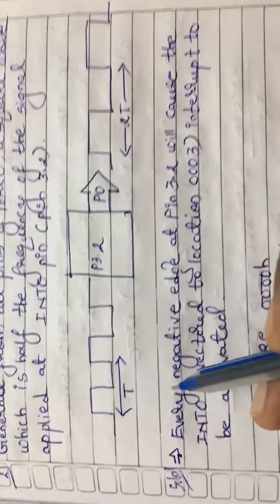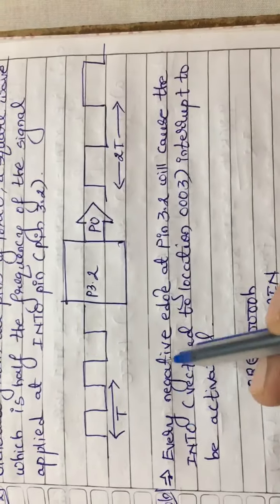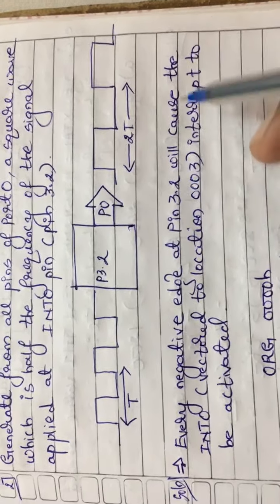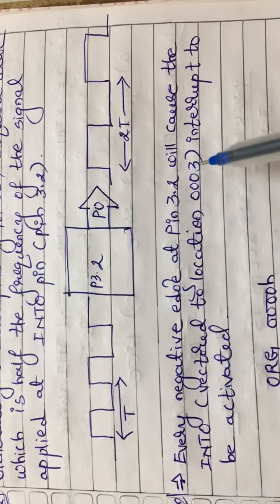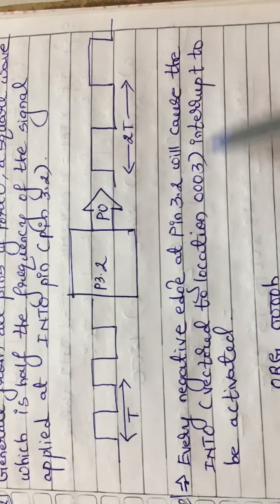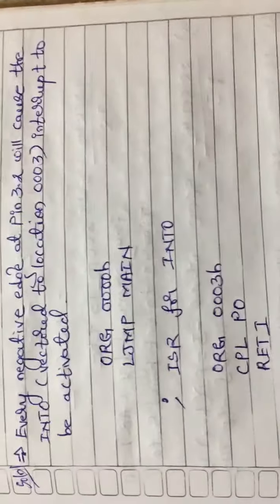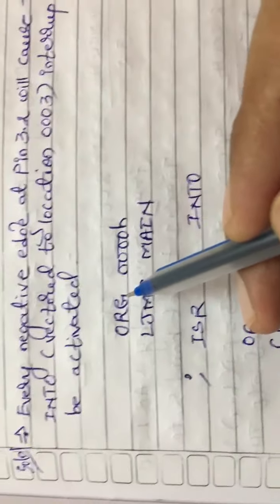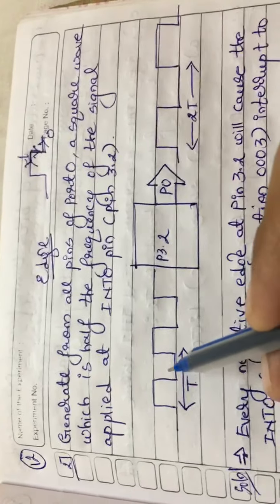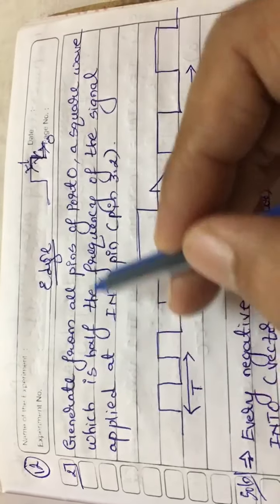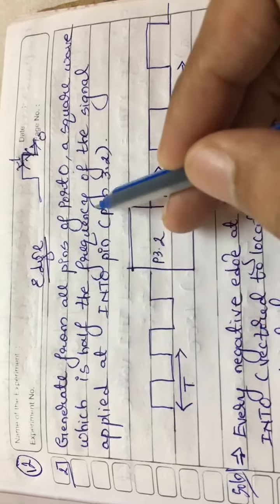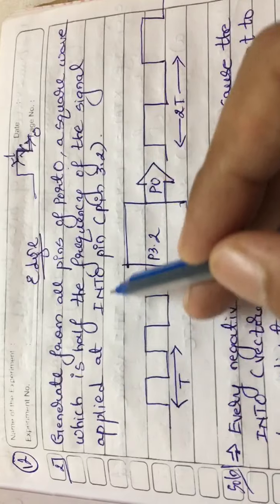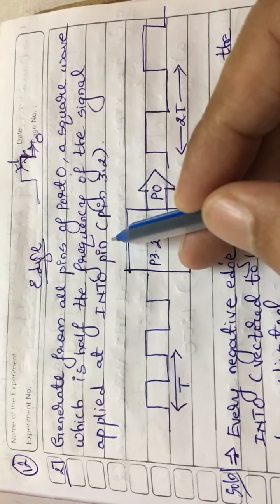Okay. See here, I have written one statement. Every negative edge at pin 3.2 will cause the INT 0 vector to location 0003 interrupt to be activated. Just I will go through the question so that it will be more clear. The question is, we need to generate a square wave on all pins of port 0 which is half the frequency of the signal applied at the INT 0 pin, right?